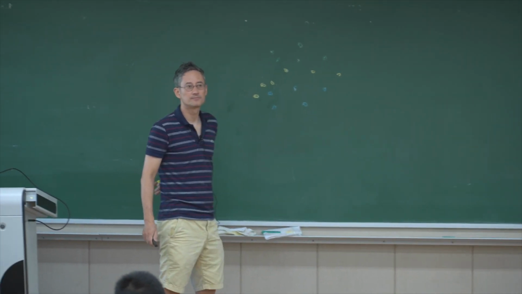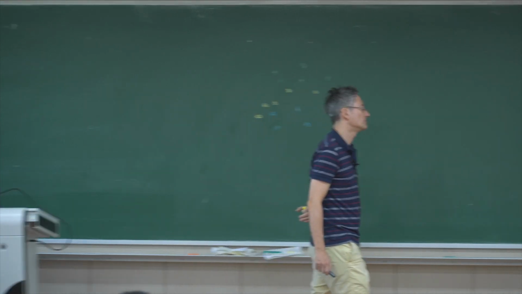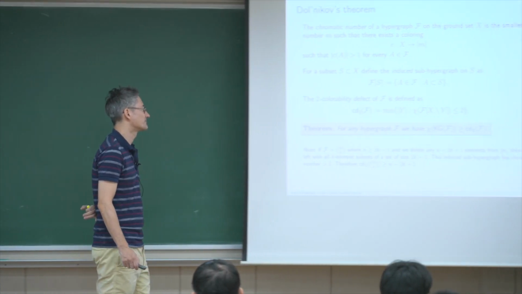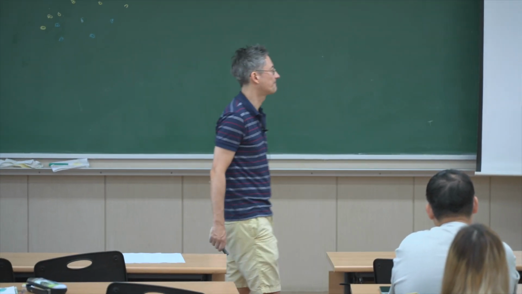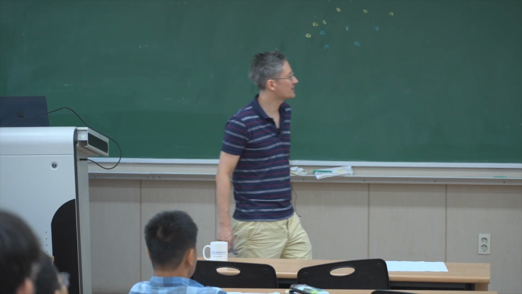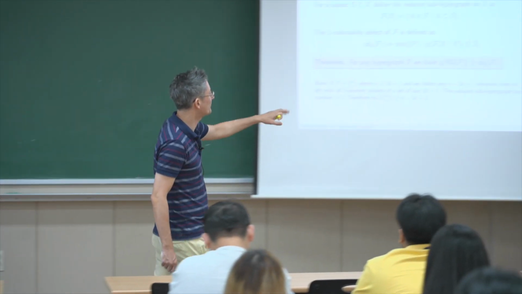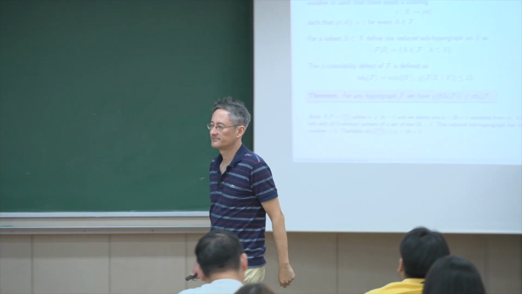Is there, I remember that this inequality is strict, or is it? I don't know, but probably. I wouldn't be surprised if that can be. So his question is, are there cases, can you make a hypergraph where you have a strict inequality here?